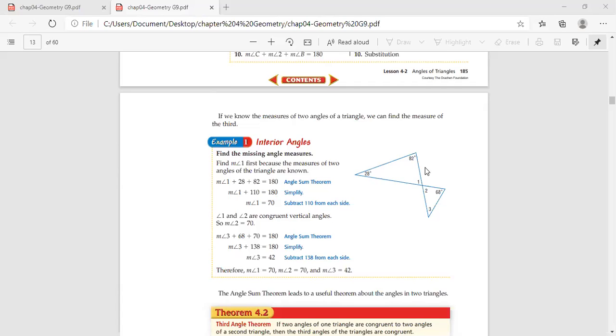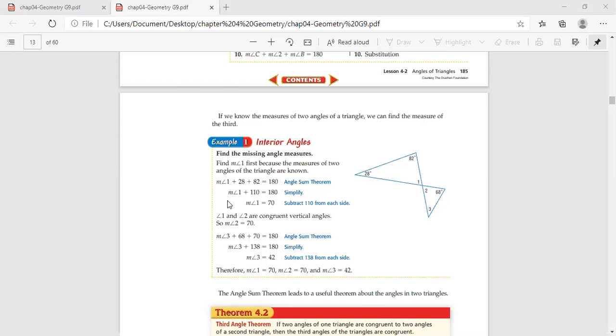Miss, I have a question. Are angle 2 and angle 1 equal? No, they are not equal. So we are going to work with the first triangle to calculate the measure of angle 1. Angle 1 plus 82 plus 28 equals 180, by the angle sum theorem.